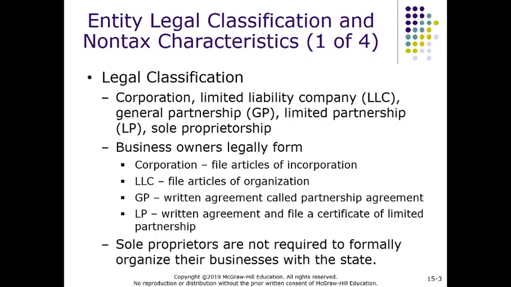When you're setting up a business, you have to think about the legal ramifications, but you also have to think about the tax ramifications. Of course, there's always cost as well, so there's a lot of things to think about before setting up a business entity.